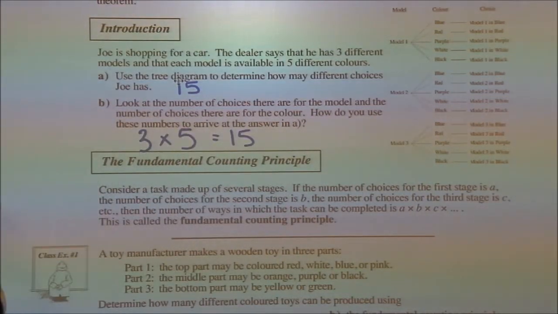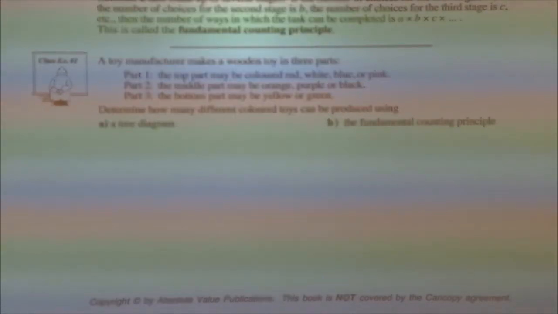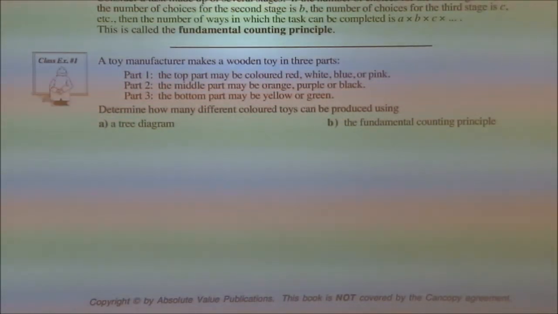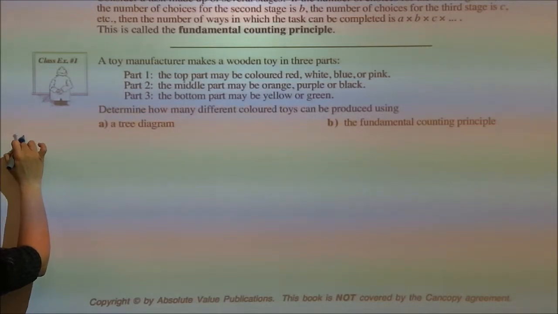So if we look at the first example, we have this wooden toy. The toy comes in 3 parts. The top part can be red, white, blue, or pink. The middle can be orange, purple, or black. And the bottom can be yellow or green. So if we were to make a tree diagram, what it would look like is we have the first part.